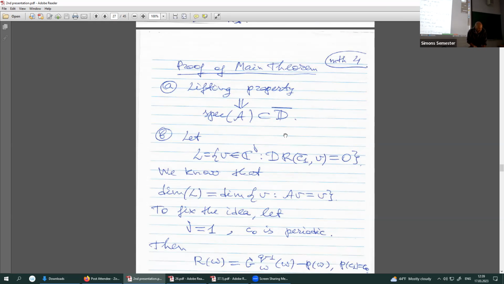Yes, the main theorem, okay, maybe I'll say. So assume the lifting property, okay? Then there is an alternative. Either 1 is not in the spectrum, and then there is transversality. This is if and only if, in fact.